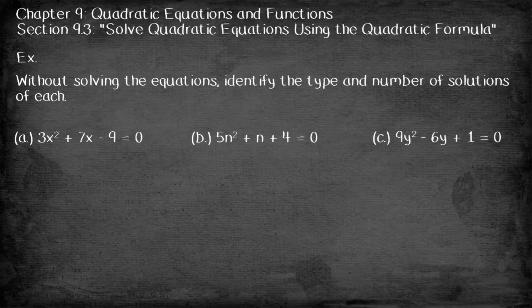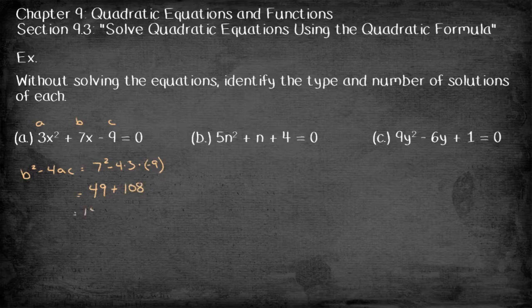So, let's put all that together. Without solving these equations, what we're going to do is identify what kind of solutions and the number of solutions. And to do that, all we need to do is calculate the discriminant, which is b squared minus 4ac. So we get that this equation has two real solutions because that number that we end up with is positive.